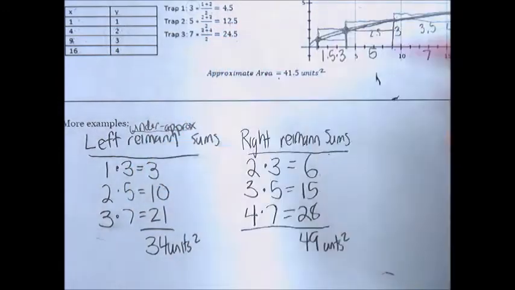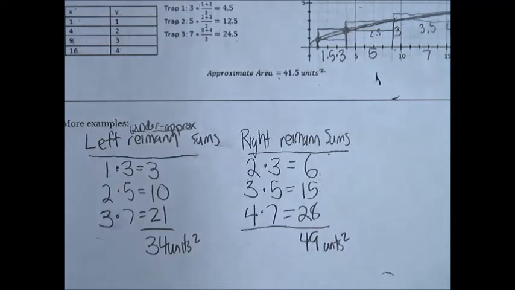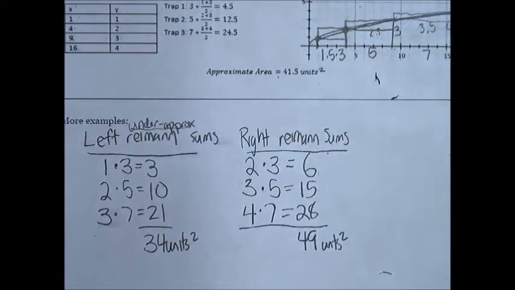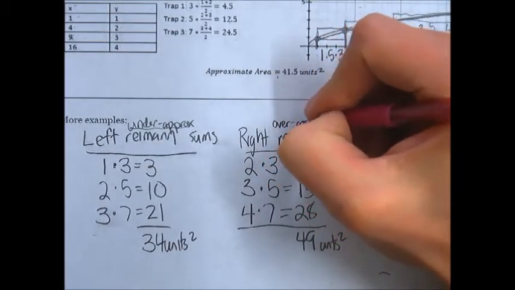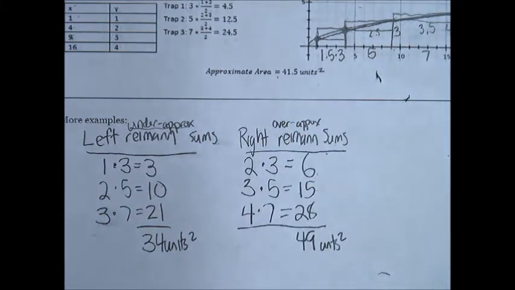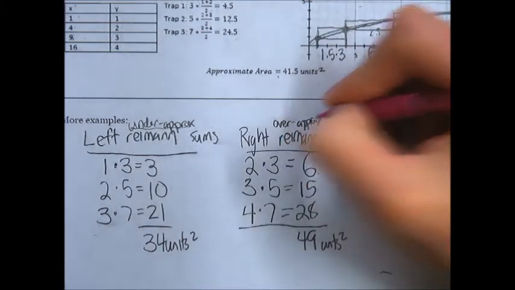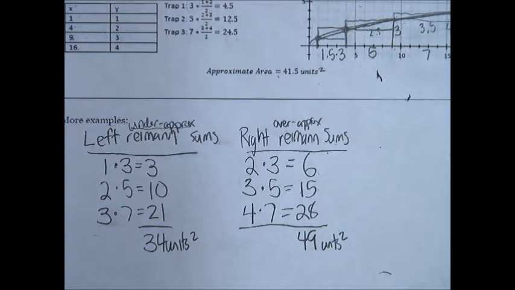Sometimes the left Riemann sum will be an over approximation. It just kind of depends on what the graph looks like. But this is an example of under approximating where we always picked the lower side. This is an example of over approximating where we always picked the bigger side. So yeah, we already knocked out 4 of these, as it were.